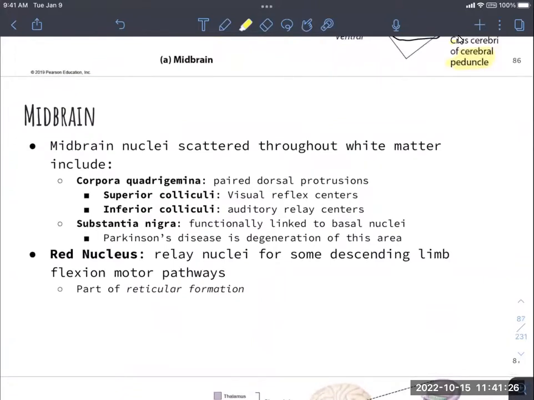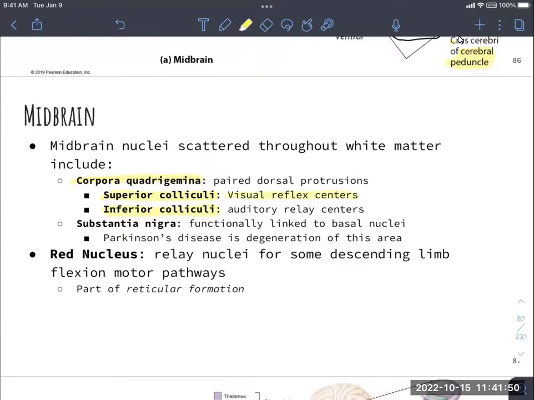So, as we just looked at that picture, we have a corpora quadrigemina, which includes the superior colliculi and inferior colliculi. Superior is your visual reflex. Think reflex. You get a bright flash of light.